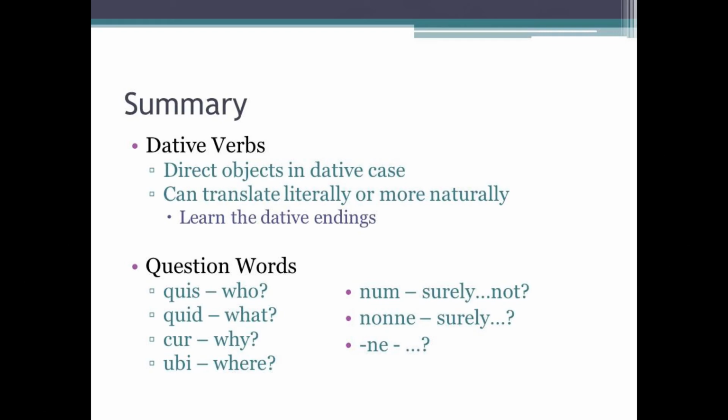And finally, question words. Try to learn the following list. So, quis is who, quid is what, cur is why, ubi means where, num is surely not, nonne is surely, and ne, if it's added on to the first word of a sentence, doesn't translate to a specific word, but it turns it into a question.